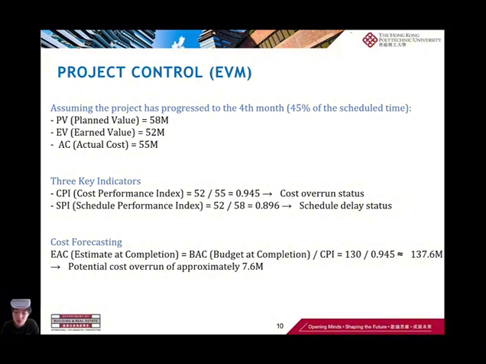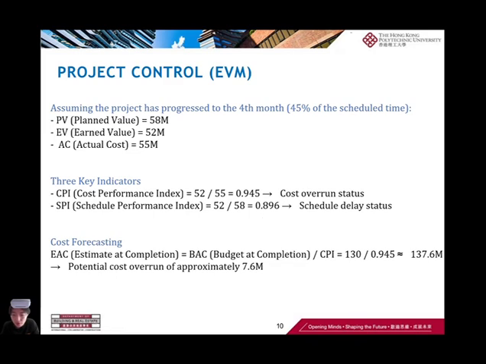The actual cost has reached 55 million. From these figures, the cost performance index is 0.945, indicating a cost overrun. Meanwhile, the schedule performance index is 0.896, which means the project is behind schedule.